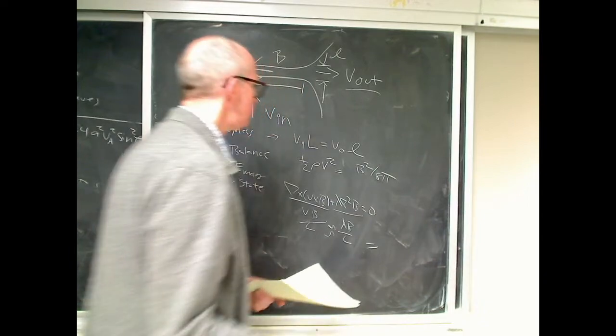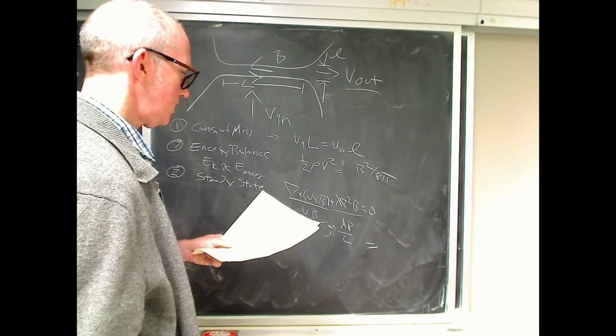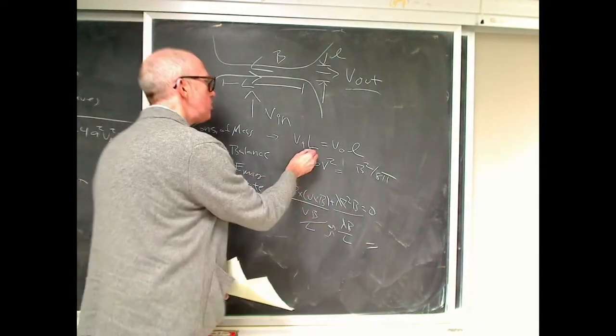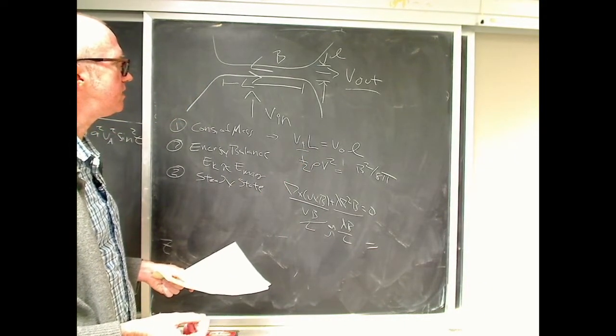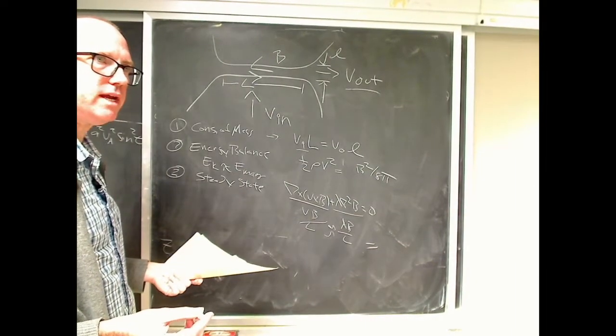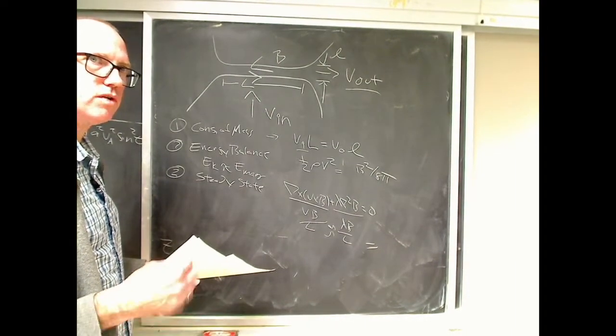Yeah, so then we do a little bit of algebra, and we're going to get an expression for what the input velocity can be to support this process. So this is really the rate at which I can be destroying magnetic energy.